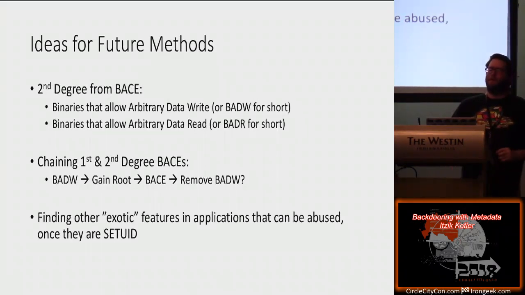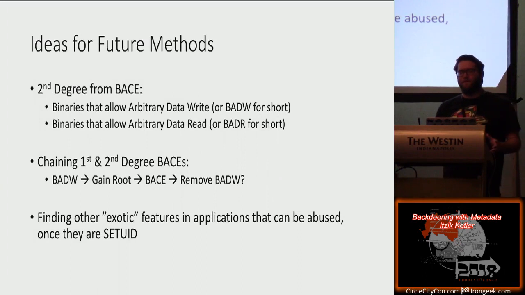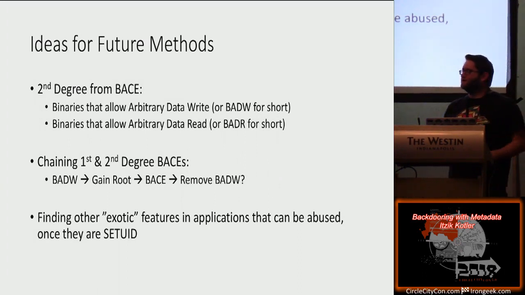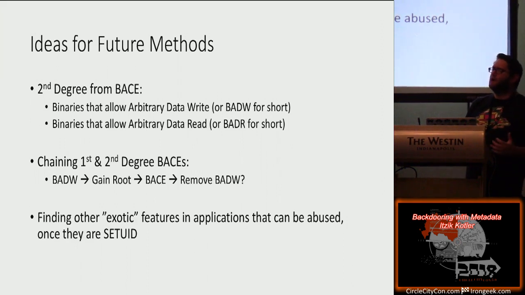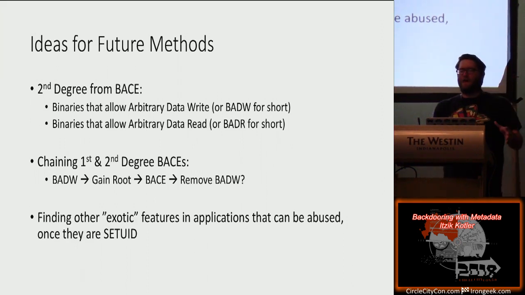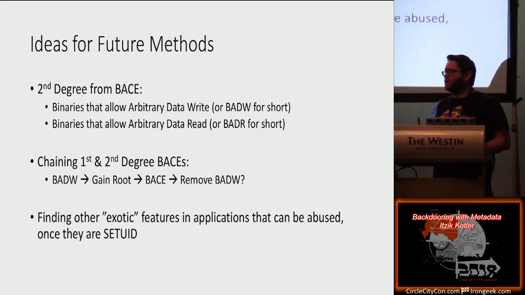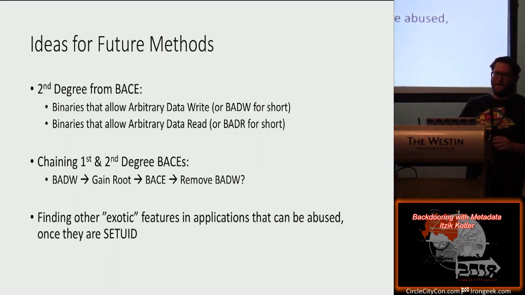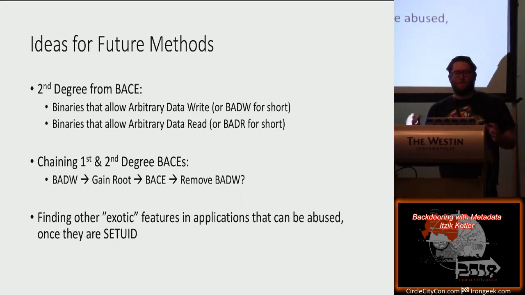Let's talk a little bit about future methods. What I presented here today are first-degree SUIDs, which means I've shown you how to go from not having root administrator access on the machine to getting a root shell, which is a very direct and short path. However, like I said, it doesn't really have to be that way. You can be sophisticated and find other binaries with the same type of mentality.